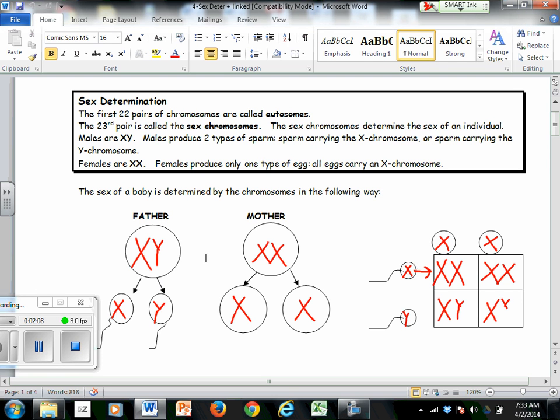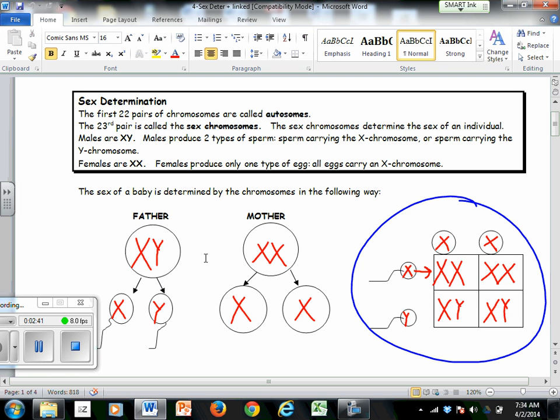So when we look at sex determination or sex-linked traits, this Punnett square that you see in your notes here, this is the base Punnett square that you will always have. You will always have this setup, and when we do these types of Punnett square problems, what the issue is, because these types of traits are sex-linked, they're going to be linked to the X chromosome, which we'll get to in a minute.